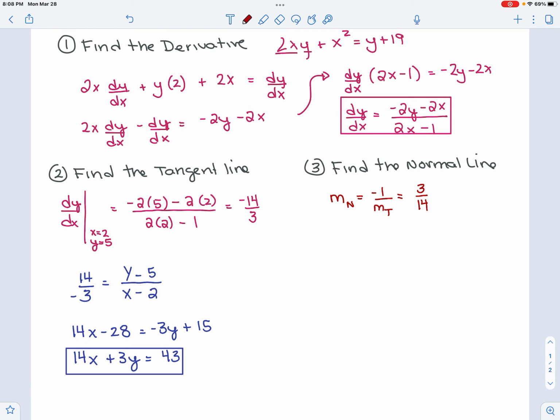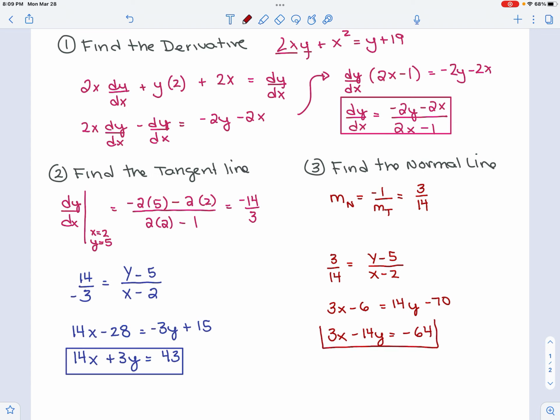So then we can set that up here. So we get 3 over 14 equals y minus 5 over x minus 2, because it goes through the same point of tangency, and then you get 3x minus 6 equals 14y minus, and I need to multiply 14 by 5, and I think that's 70, and then I get 3x minus 14y, and then that's going to give me minus 64.